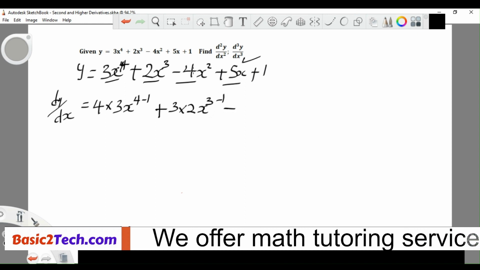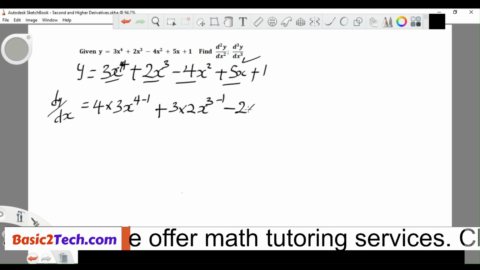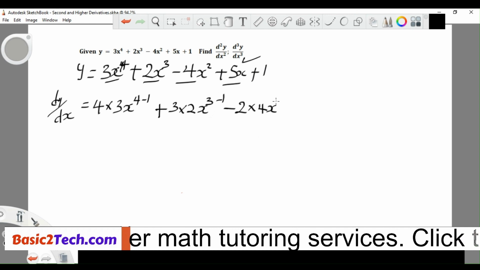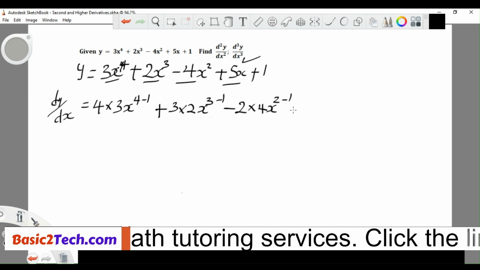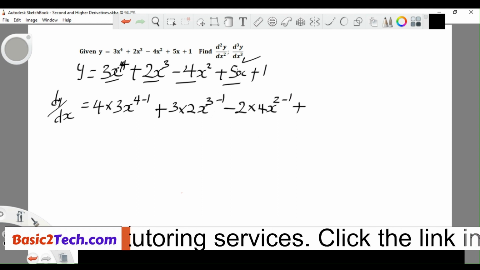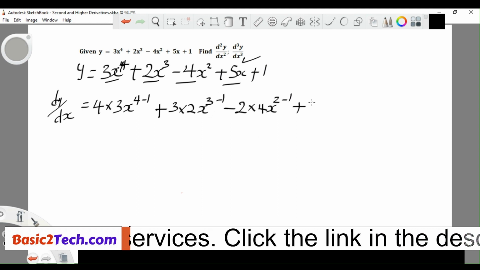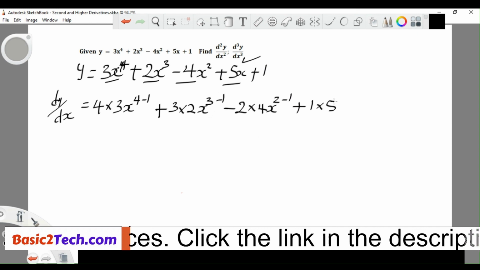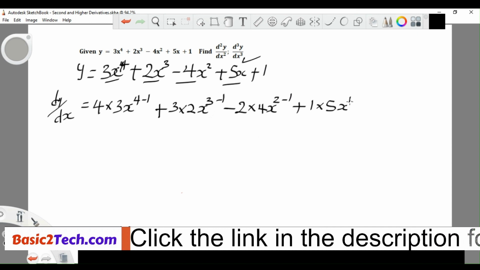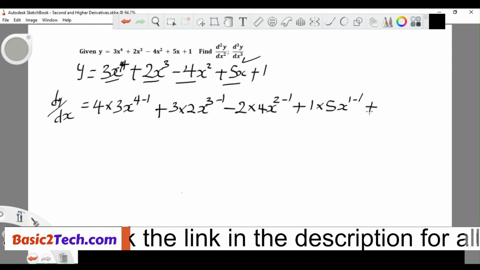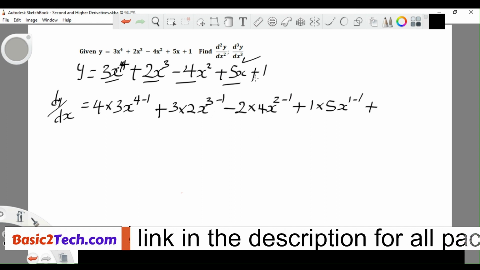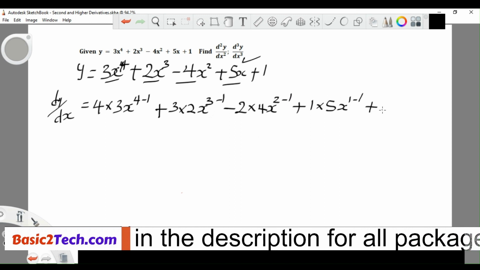Minus 2 times 4, we have 2 times 4x, 2 minus 1. Plus, remember that 5x has a power of 1 here, so we can say 1 times 5x, 1 minus 1. Plus, when we are differentiating a constant, which is 1, it becomes what?